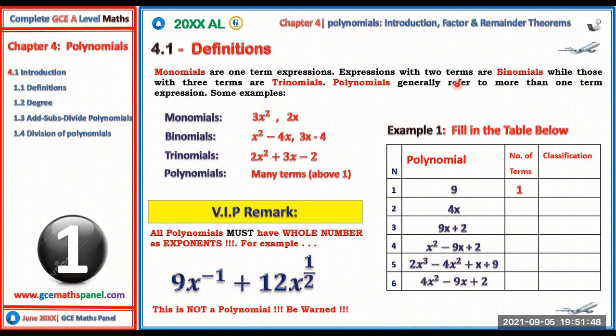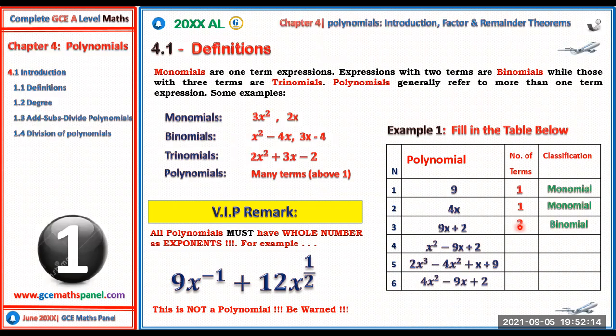So the first one has just 1 term. Number of terms is 1, so it's a monomial. The second one has how many terms? 1 term. It's also a monomial. The third one has 2 terms, so it's a binomial. Do not get confused between binomial and square. We are going to look at degree in the next subheading.